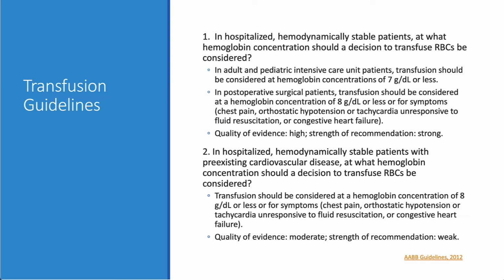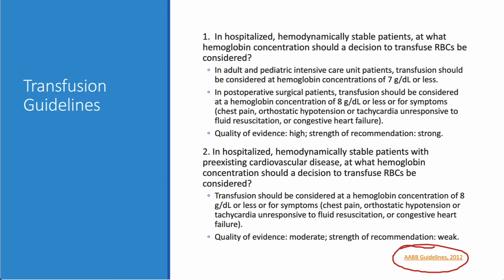So we found somebody who's anemic. We begin to work them up, but how do we know when to transfuse them? Well, one of the things I want to do with these lectures is to help you evaluate the guidelines. So the AABB, that's the American Association of Blood Banks guidelines from 2012, show the following.